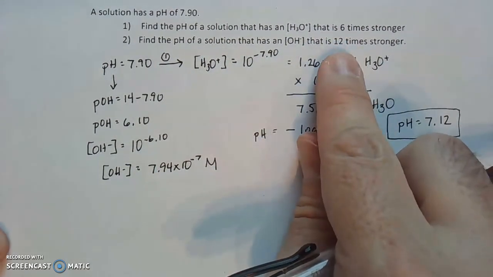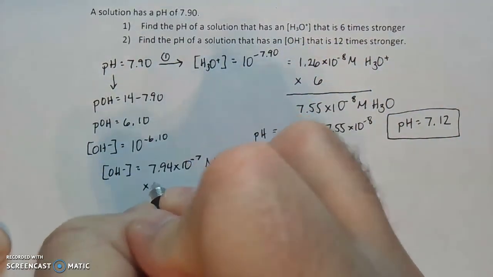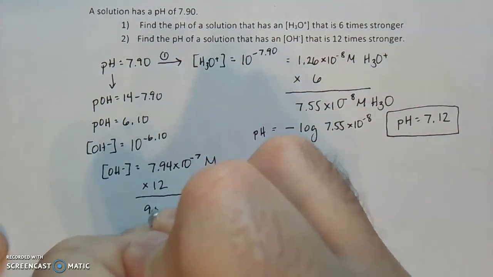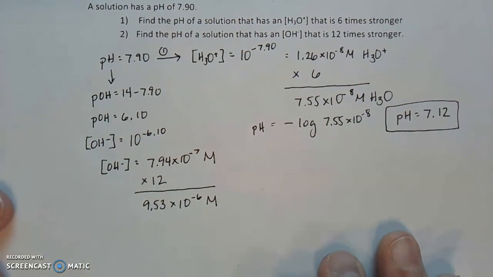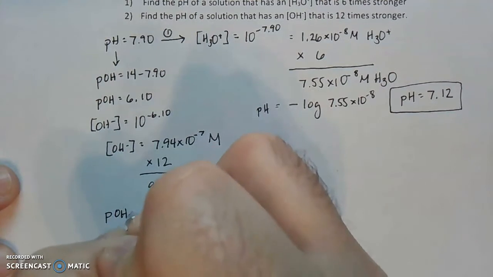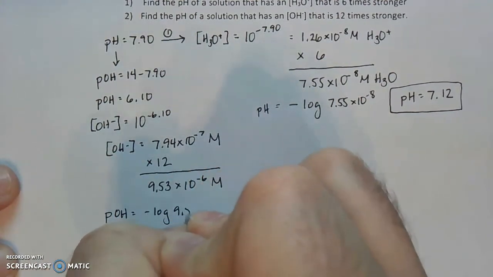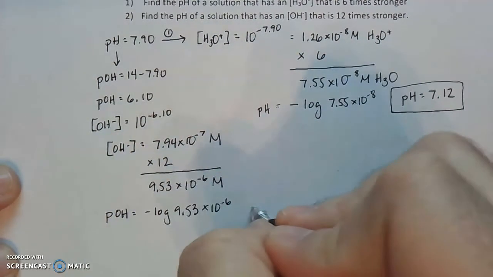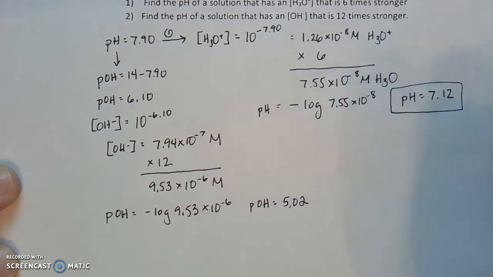Now, if we want to find the pH of a solution that has an OH minus 12 times stronger, we're going to multiply that by 12, and we're going to get 9.53 times 10 to the negative 6 molar. We can find the pOH of that one by taking the negative log of 9.53 times 10 to the negative 6, and I get a pOH of 5.02.